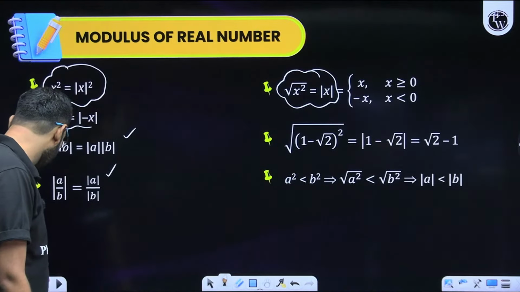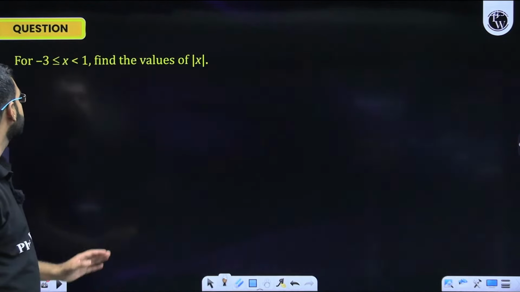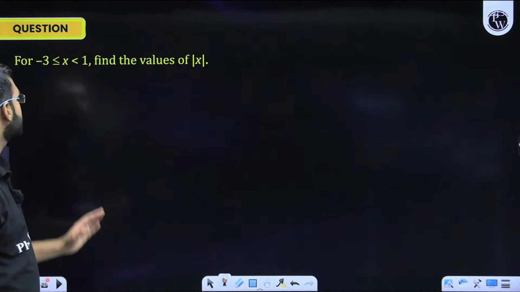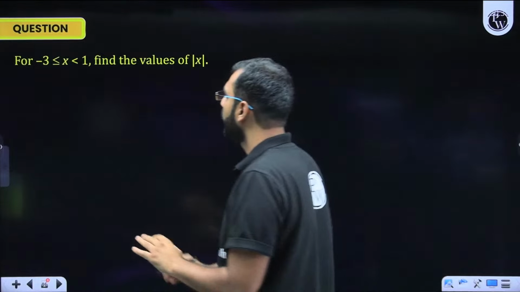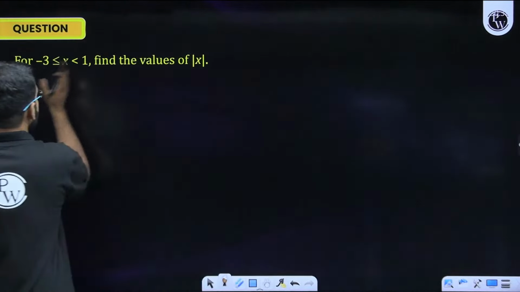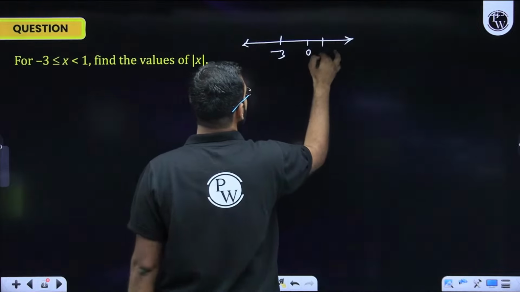From here, when we go ahead, let's say x lies between minus 3 to 1. So this behaves the same as x square. I hope you remember that. We have already discussed it. So imagine x takes all the values from minus 3 to 1, and I'm putting modulus over all those values. What range will I get? So there is minus 3, then somewhere you will have 0, then you have 1.